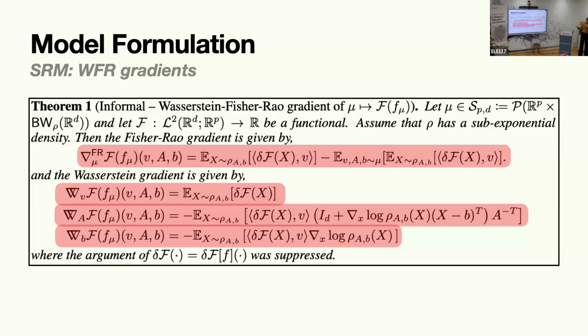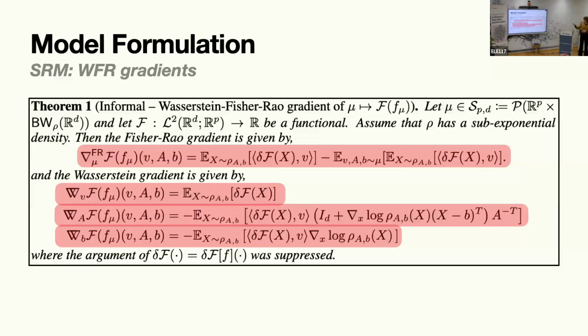If we focus on the first line, the Fisher-Rao gradient, the function depends on V, A, and v. These are the parameters of one splat and one output vector. The value of this function says: should I add more mass or less mass here? If this function is positive, I add mass, I increase the presence of this neuron in the mixture. If it's negative, I decrease the presence. This is computed by taking, in the first term, an expectation over the splat itself, and the same thing holds for all of them.